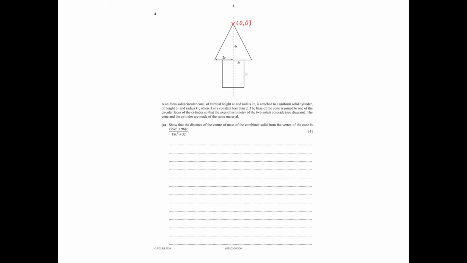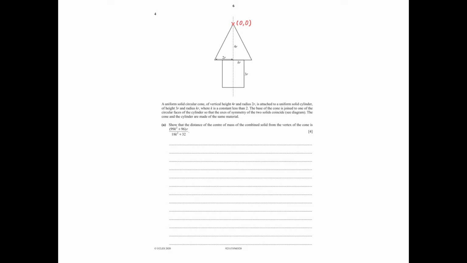Now, in order to find the center of mass, we have to work out the center of mass for the individual solids here. So let us look at the cone itself.